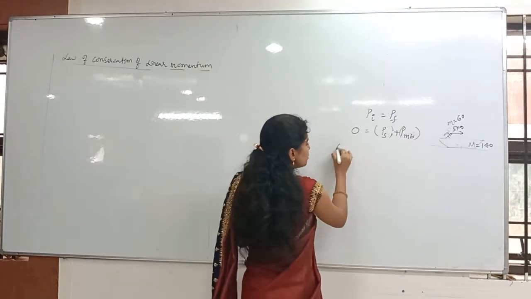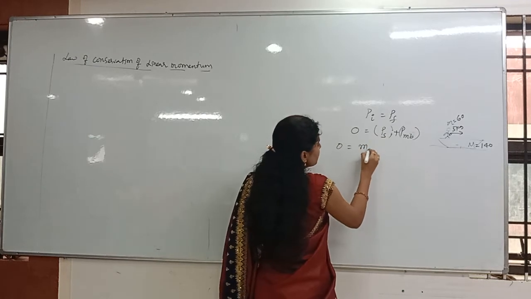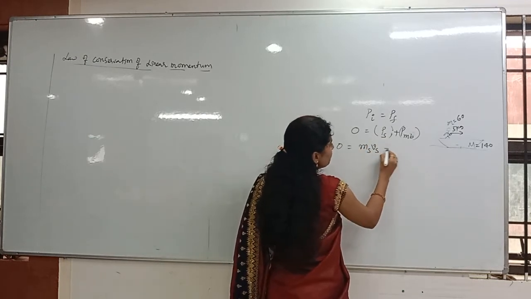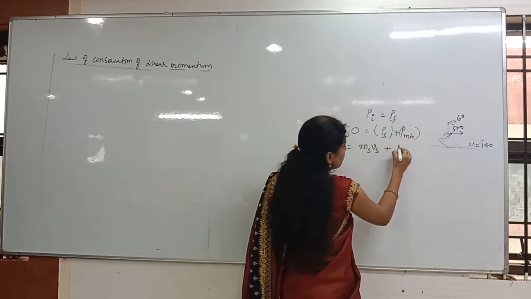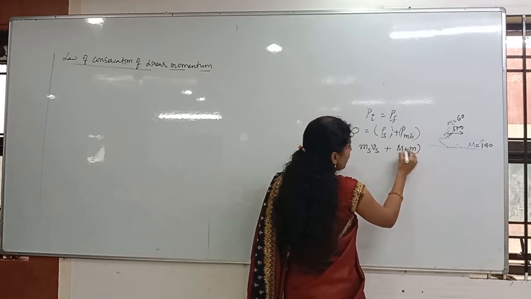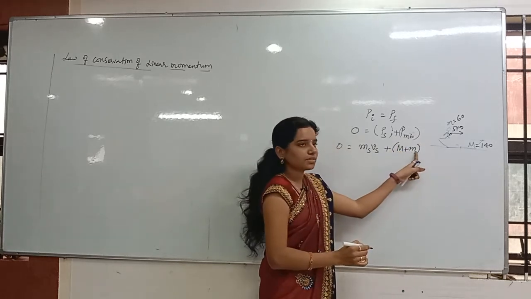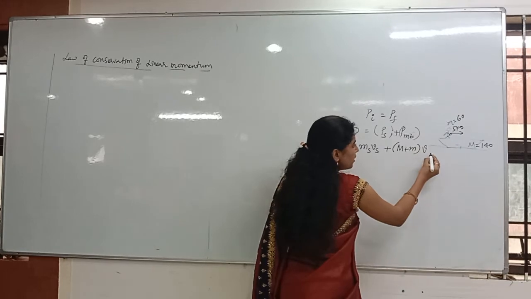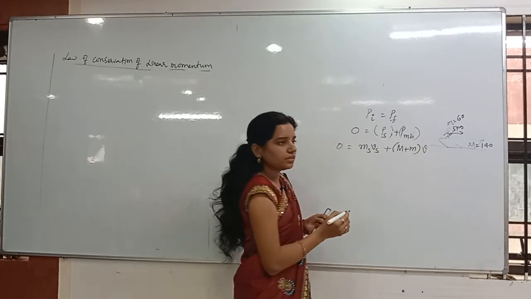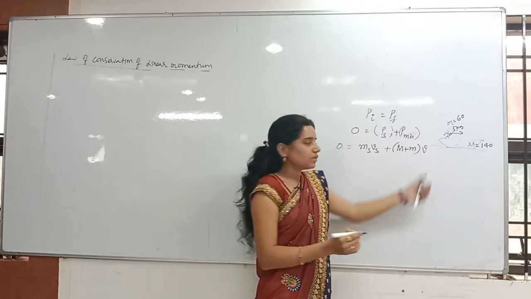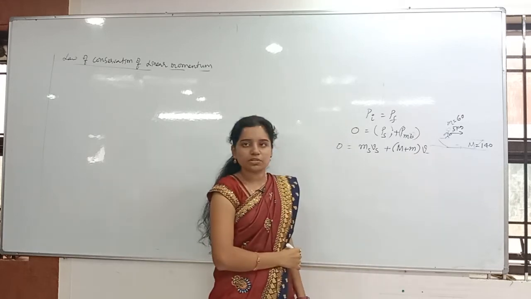So 0 equals mass of the stone times velocity of the stone plus mass of the boat and mass of the man times their velocity. With what velocity are they moving? They didn't give any velocity, so you have to find out this velocity.